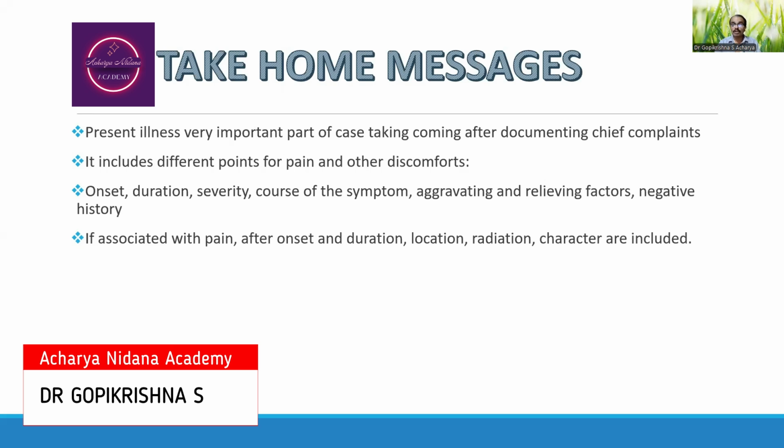That should be mentioned in chronological order, and each presenting complaint has to be evaluated in detail based on the onset, duration, severity, course of the symptom, aggravating and relieving factors, and negative history. If the person is having pain, then onset, duration, location, radiation, character of the pain, severity, course of the symptom, aggravating and relieving factors, and negative history have to be evaluated.